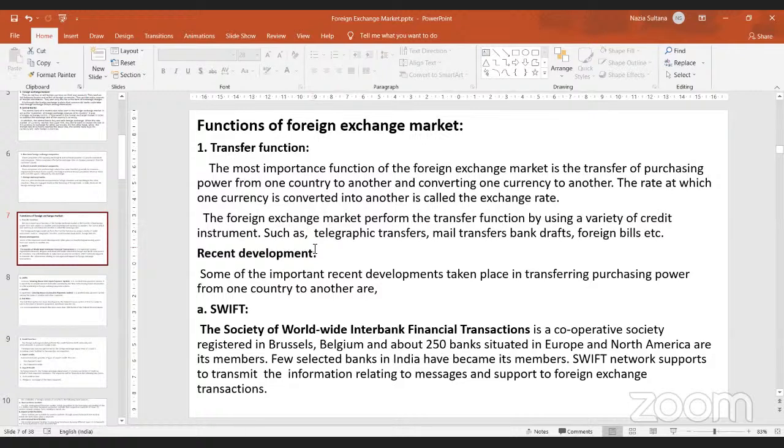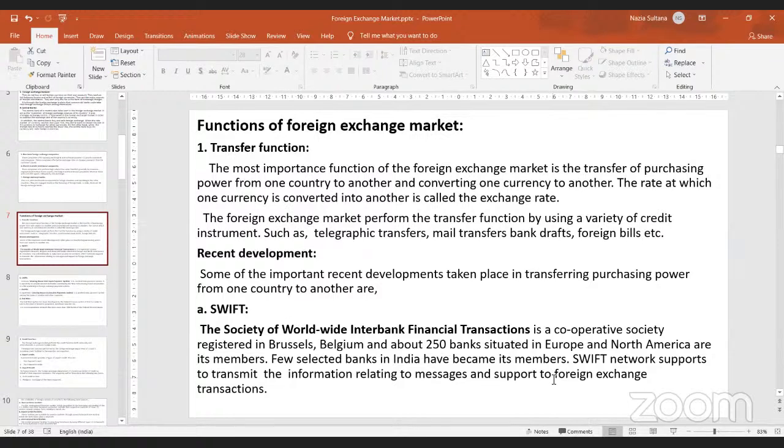All the banks of the world buying or selling foreign currency are registered under this cooperative society. About 250 banks are its members, almost all the banks across the world, and some of the banks in India are also its members.